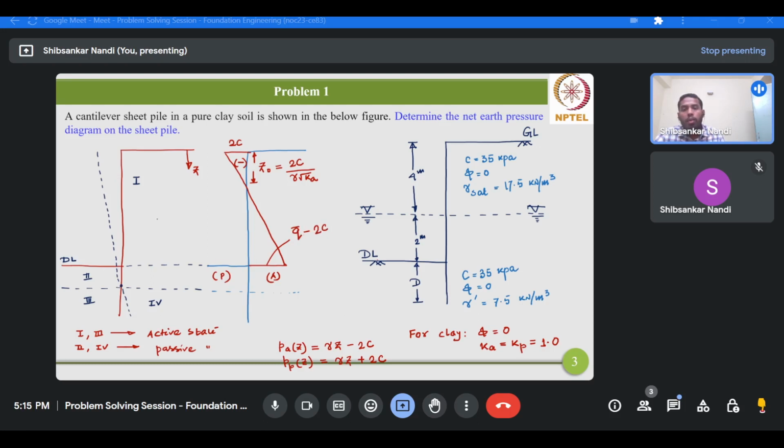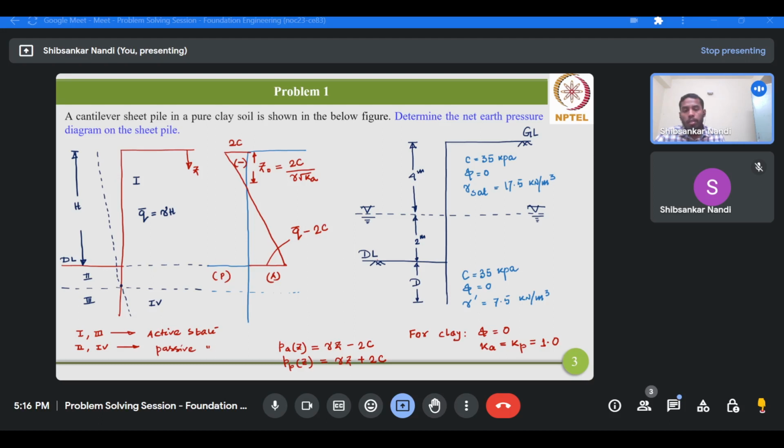Now what is the value of Q bar? Q bar is nothing but gamma H, the height of the cantilever sheet pile wall. This is the distribution PA equals gamma Z minus 2C, since the active earth pressure coefficient equals 1.